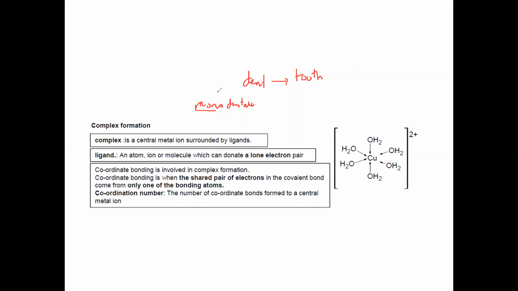If a ligand is able to form only one dative bond, only one side it can form a dative bond, we call that monodentate.